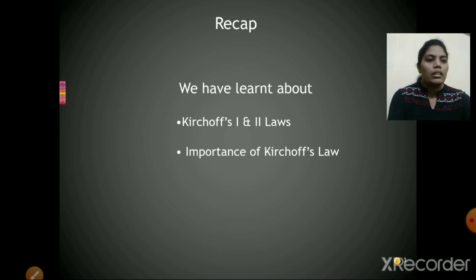You can remember these two statements easily: according to the first law, the algebraic sum of currents meeting at a junction is equal to 0, and according to the second law, the algebraic sum of potential differences in a closed loop is equal to 0, where potential difference is simply the product of current and resistance. That is, according to Ohm's law, V equals I into R.